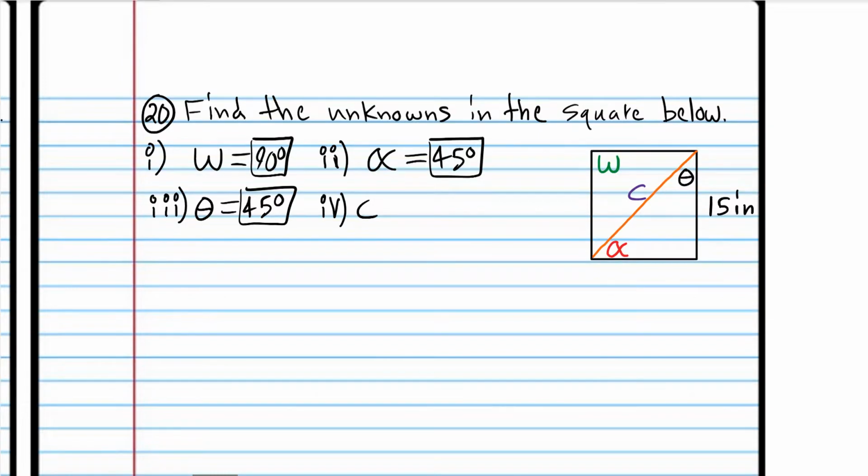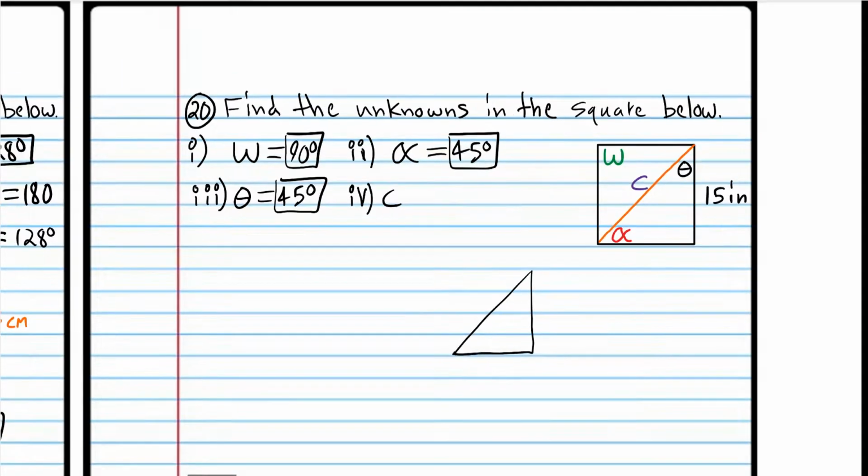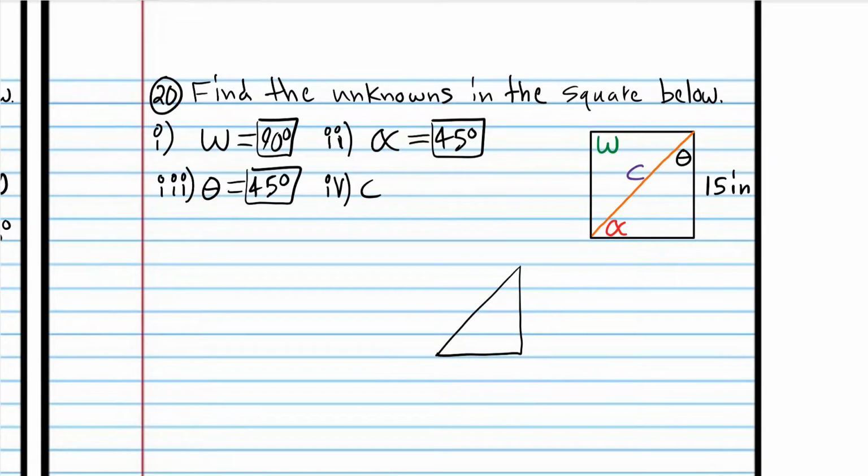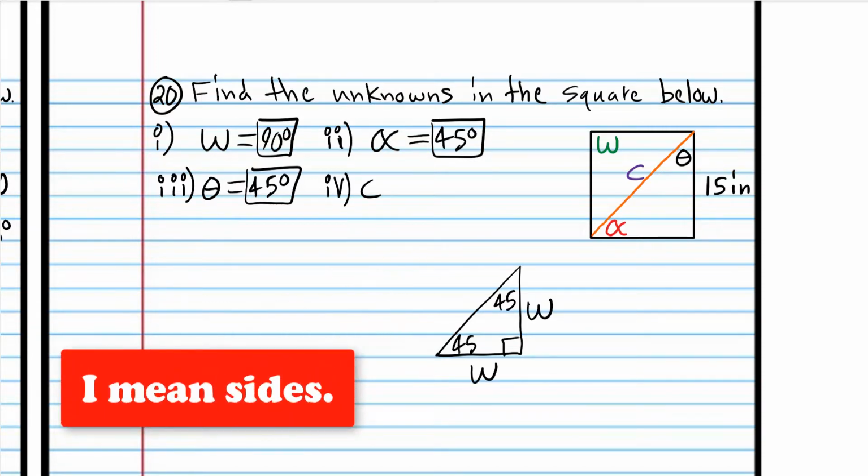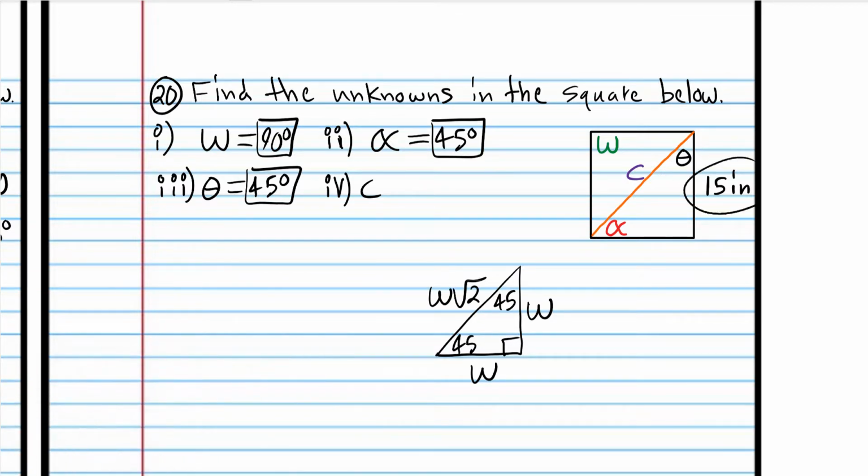And in order to find C, we have to refer to our 45, 45, 90 degree triangle theorem, which says that if this angle is 45 and this angle is 45 and this angle is 90, then the hypotenuse must be the leg length times root 2. We're told that this side here is 15, so that means W is 15.